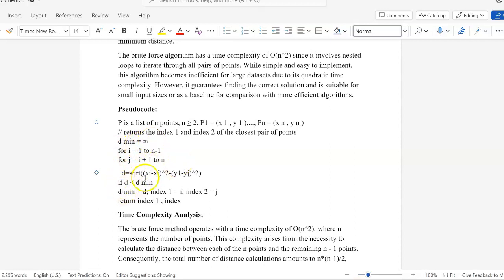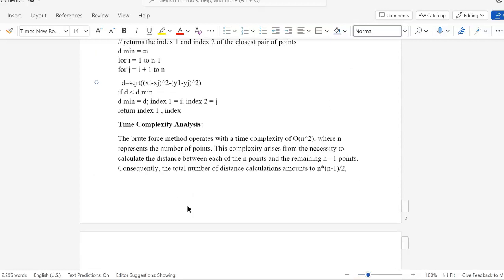If the calculated distance is less than the minimum distance, we update the minimum distance. There are n into (n minus 1) by 2 possibilities to run this entire pseudocode. So if it is n into (n minus 1) by 2, the worst case complexity will be big O of n squared.